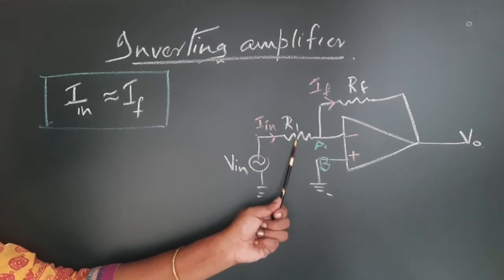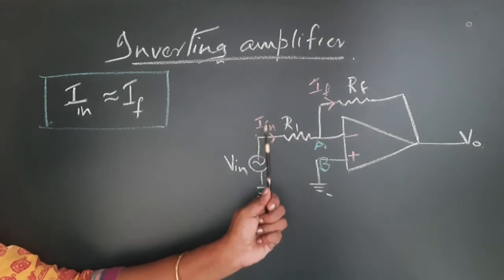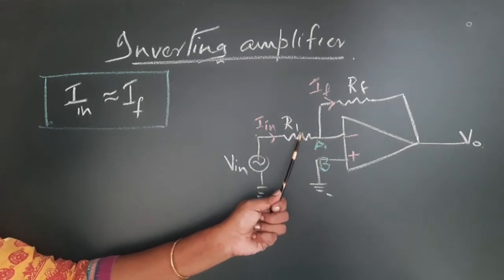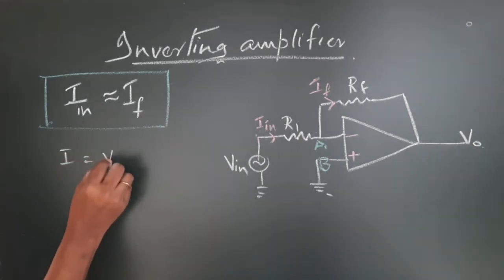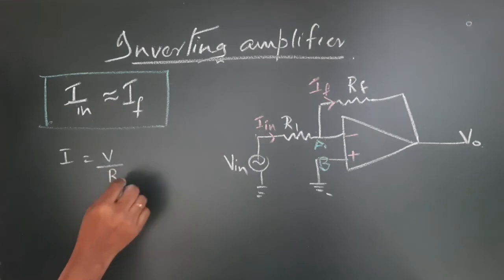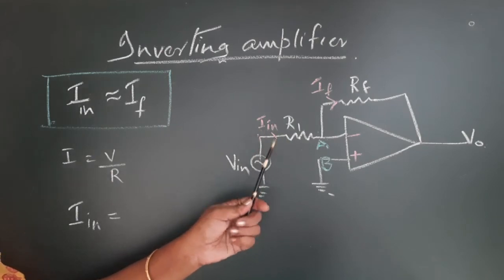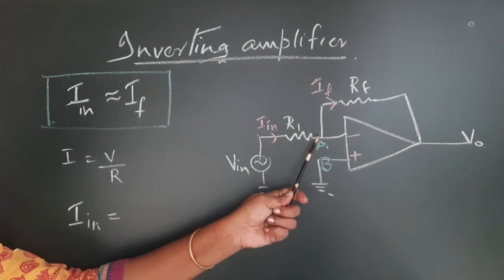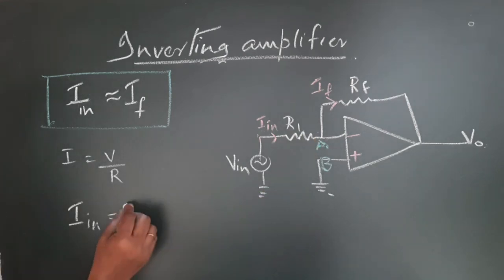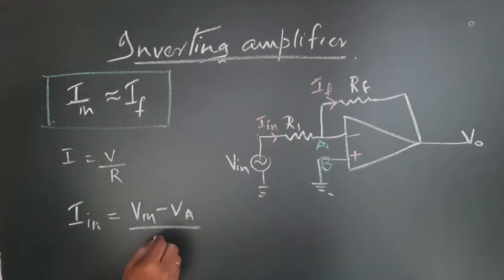Current through any resistance is equal to the difference in potential across the two ends of the resistor divided by the resistance value, because you know I is equal to V by R. So, I in is equal to the voltage at this end, V in, minus the voltage at this end, which I will call VA, divided by R1.